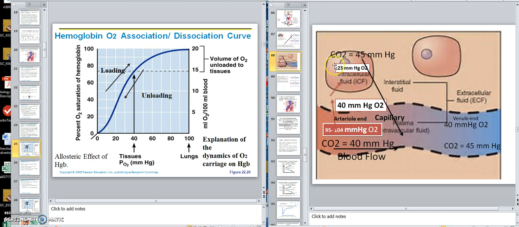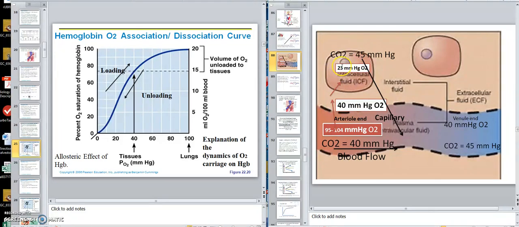However, if this is less than 23, lower and lower below 23, then the room is not as crowded with oxygens, so you could deliver that second one. That second one is perched and ready to go, but the room was crowded.